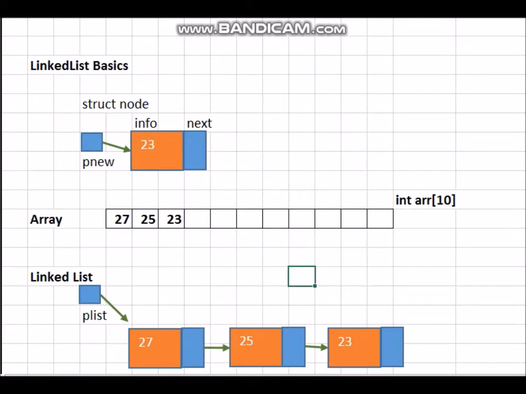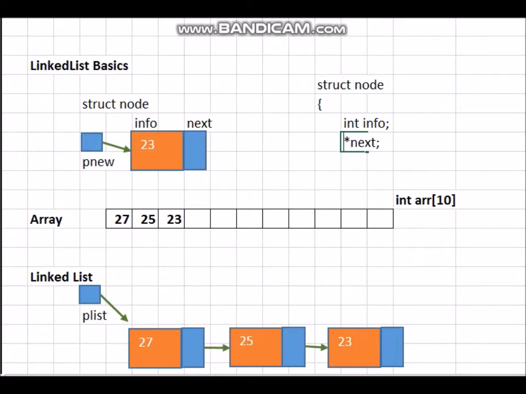Now an array is an inbuilt data type, but when we say linked list, we need to make our own structs. How do we make a struct? We will say struct node. We open the curly brace, and in this we will say what all data should be there. So we say there's an int info, and then there's a pointer called next. Now what's the data type of the pointer? We say star because it's a pointer.